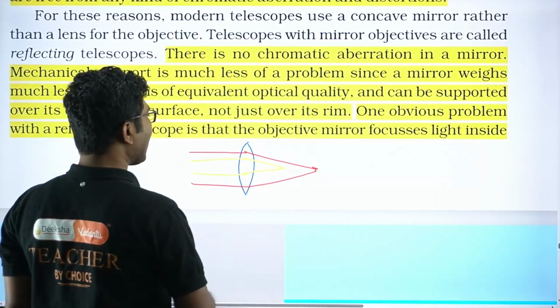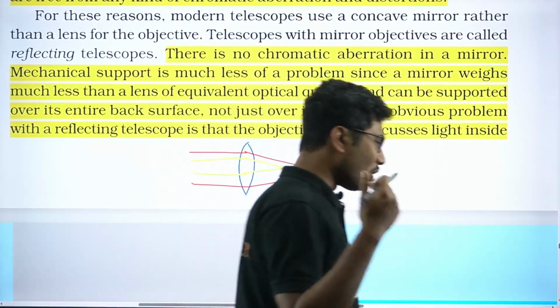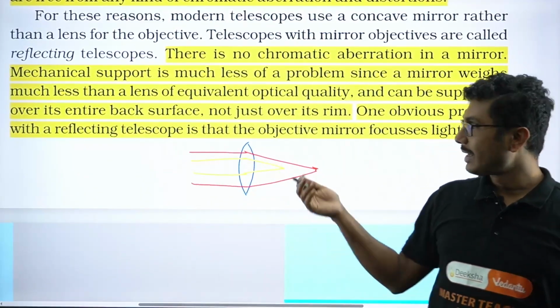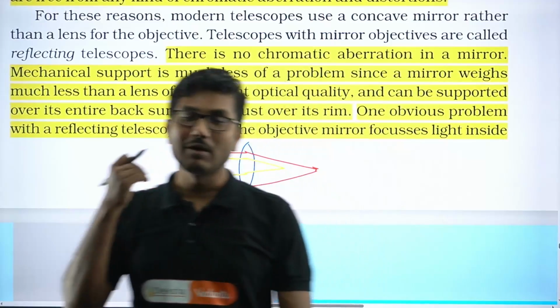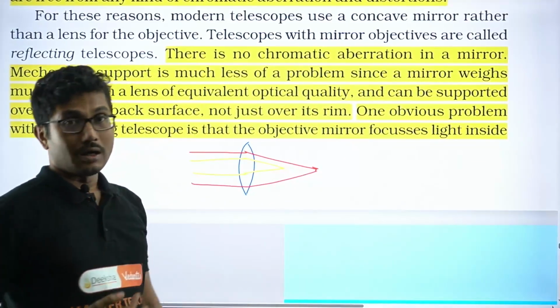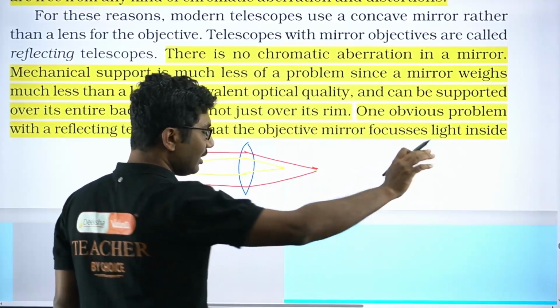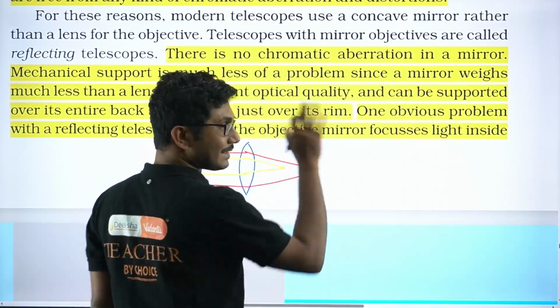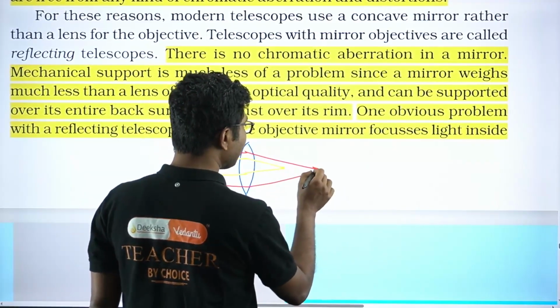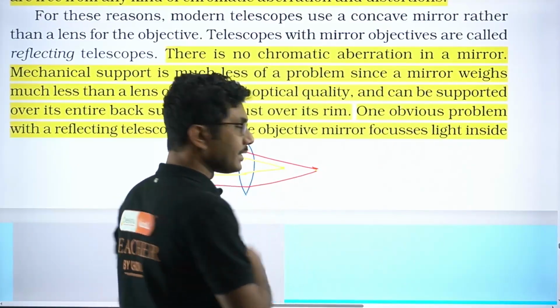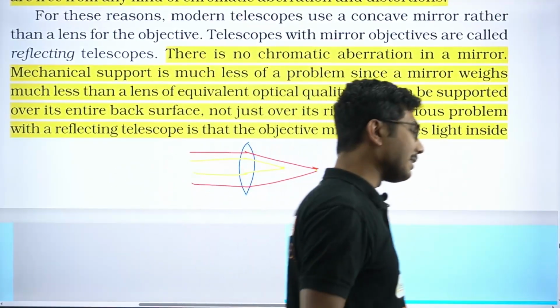Now we know that white light consists of 7 colors. All the 7 colors get refracted by different angles, and all of them get combined at different points. So instead of getting the exact image, you will get a yellow image, a red image, a blue image. Different colorful images you will get.